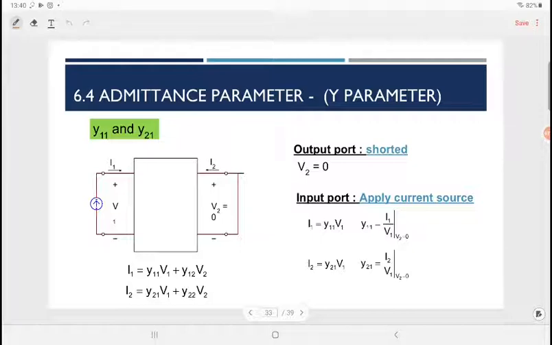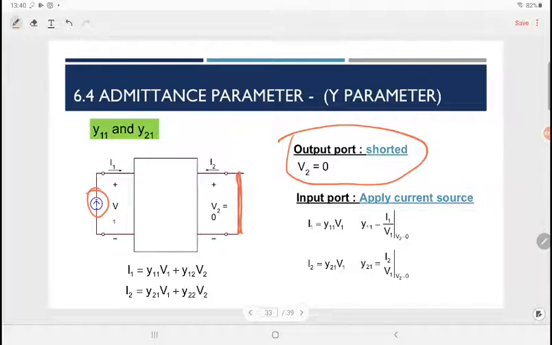So if you are given a linear network circuit, in order to find the Y11 and Y21 values, what you need to do is short circuit the output port, port 2, and then you need to introduce a current source at the input port, right?